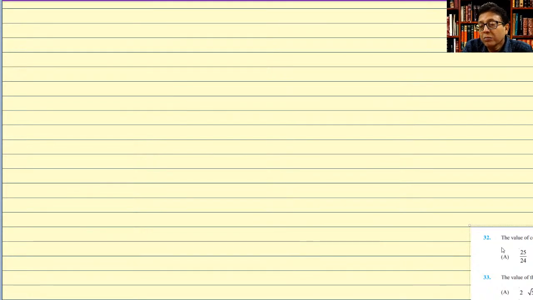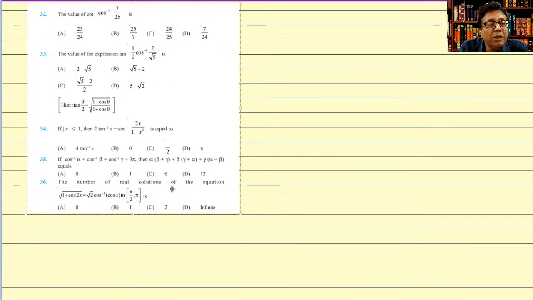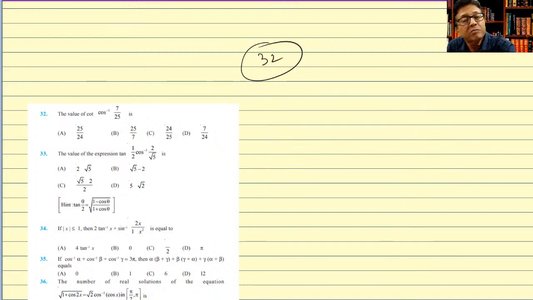Go for some exemplar MCQ. This is from the exemplar book. Okay. So let us try to solve a few sums from here. Cot of cos inverse 7 by 25. How to tackle this kind of sum? Cot of cos inverse 7 by 25.